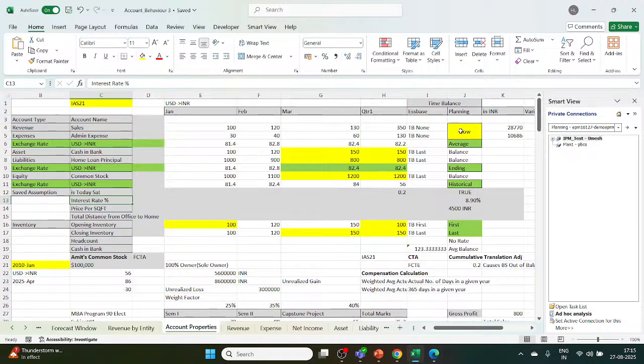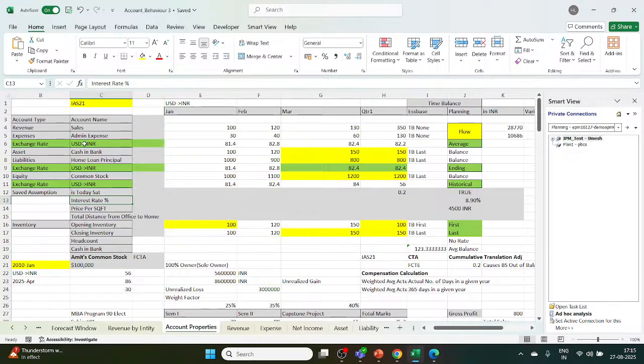So when we choose the flow type of account in the time balance property, all the values will be aggregated. The same thing is happening in expense, like 30, 40 and 60. So you can see 130 rupees, it's a flow.